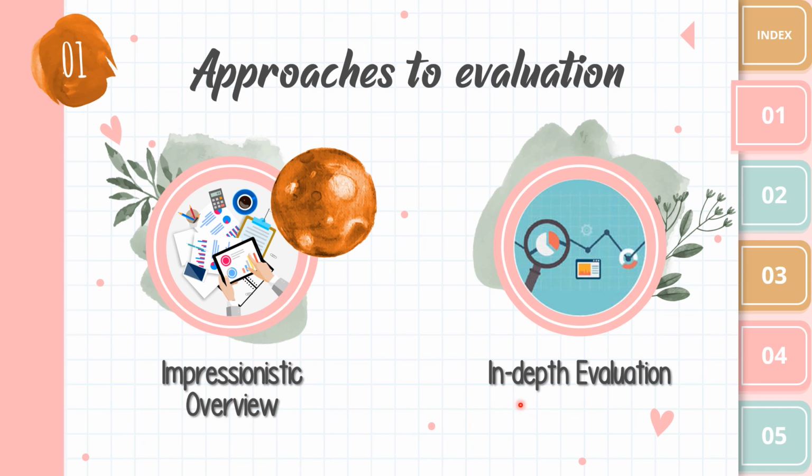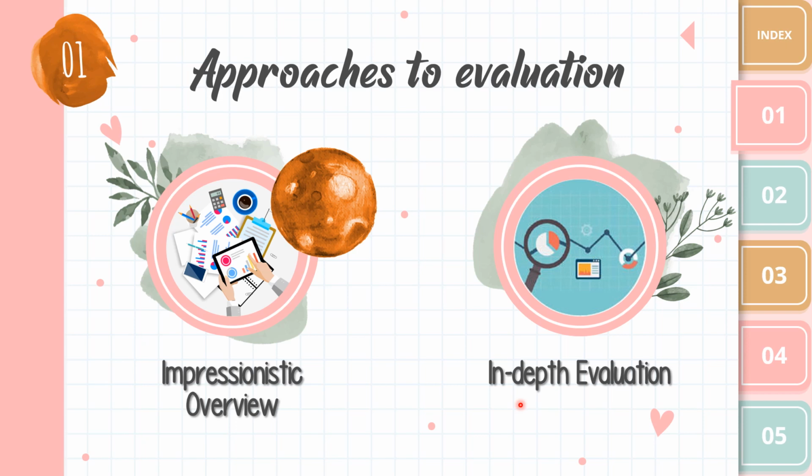The first is the impressionistic overview. In this process, we can examine the various features of the coursebook, such as the quality of visuals, how attractive and clear the layout is, what the whole course package is made up of, how the items included in the coursebook are sequenced, and so on.